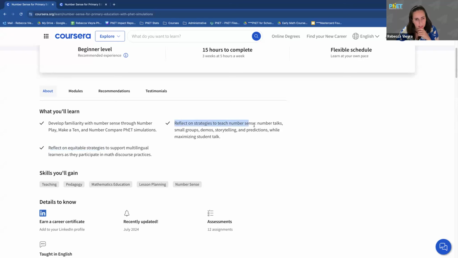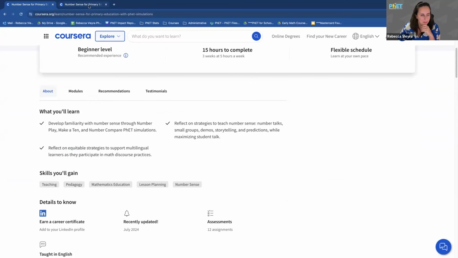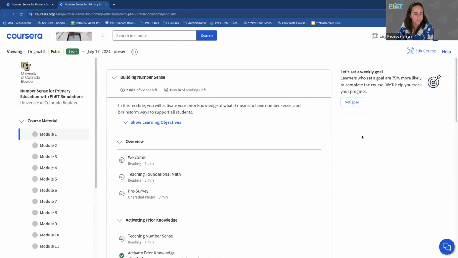It will also focus on a number of different things like number talks, small group work, demonstrations, storytelling, and predictions, and getting students to talk, just like I know Zach and Mercy and a few other people have been modeling for you over the past few weeks.